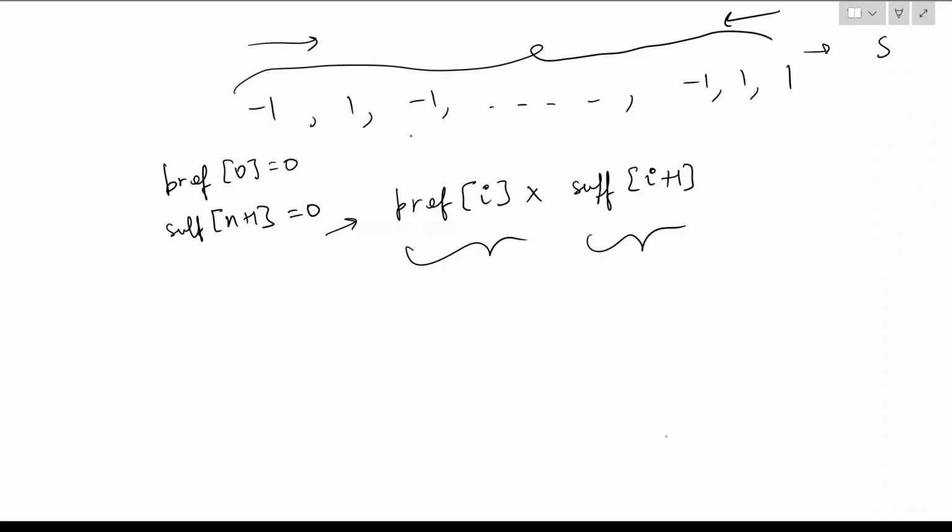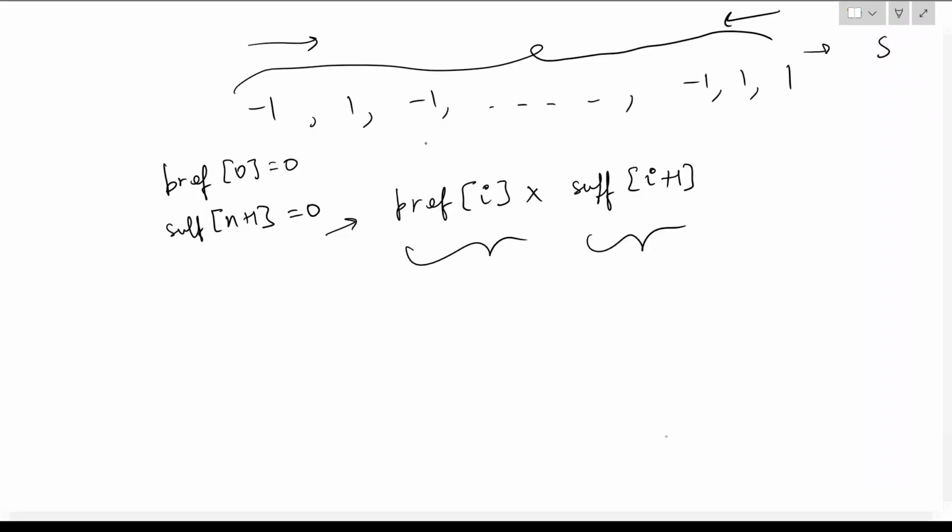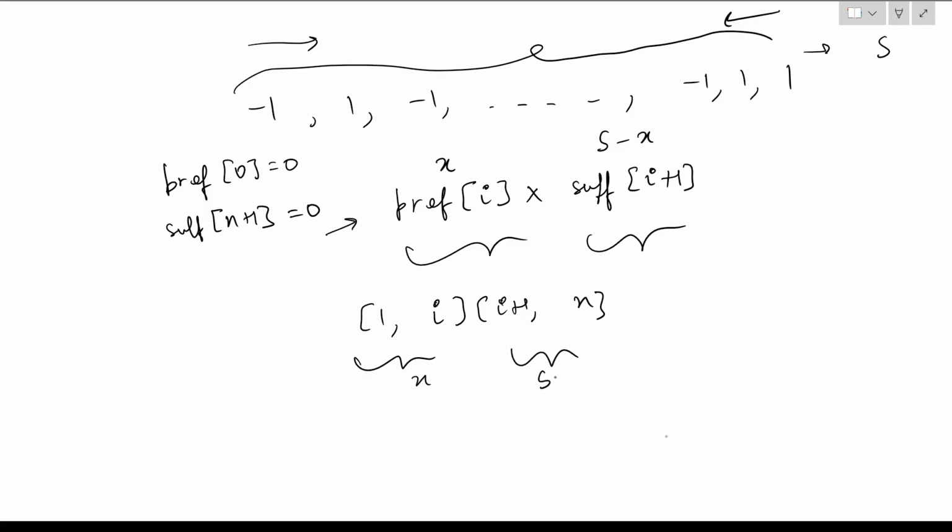Yes, excellent. So as Aman rightly noted, if we denote prefix I as x, then suffix I plus 1 is simply s minus x, because in fact 1 to I and I plus 1 to n partition the entire string into two pieces. And if this has some x, then this must have some s minus x.